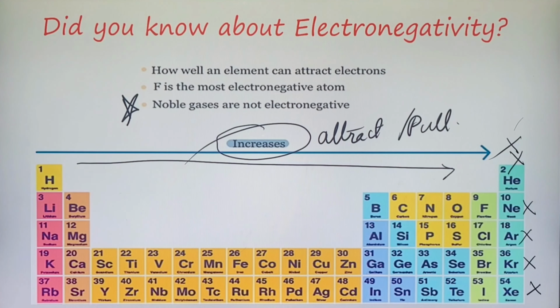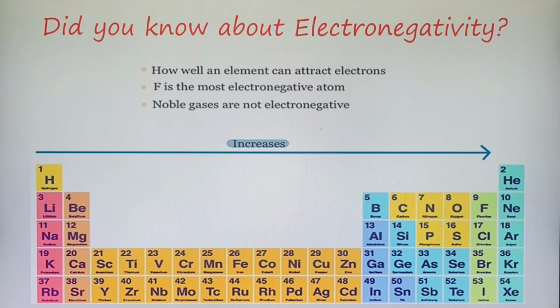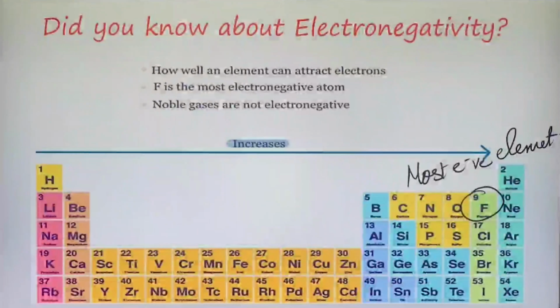So if I look at the whole periodic table, please remember this. Fluorine is the most electronegative element. Usually halogens will have high electronegativity because they are the most non-metallic elements.